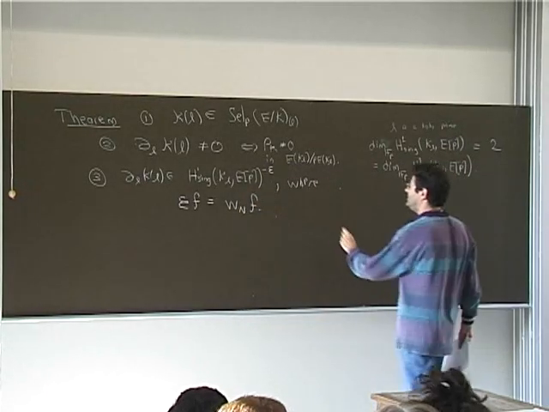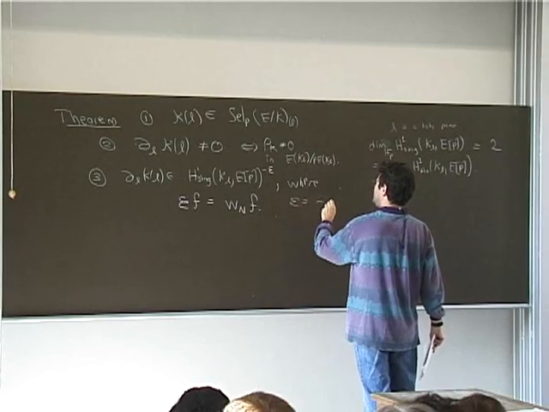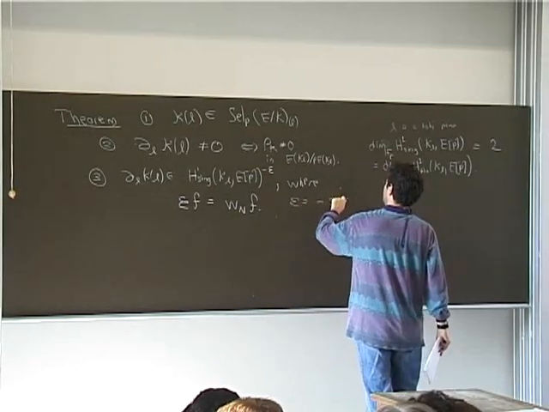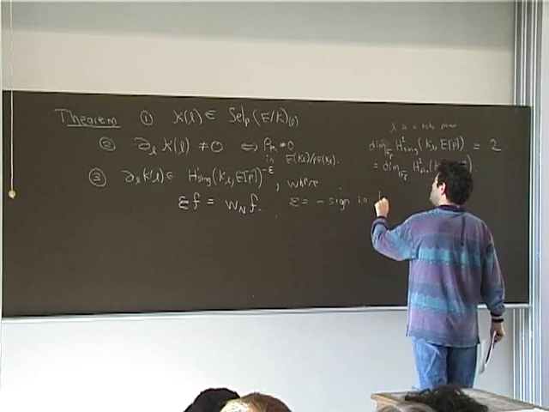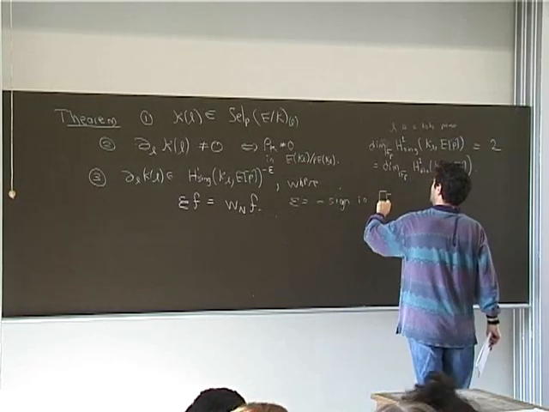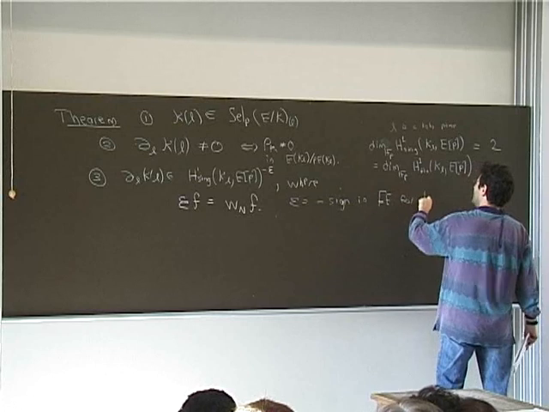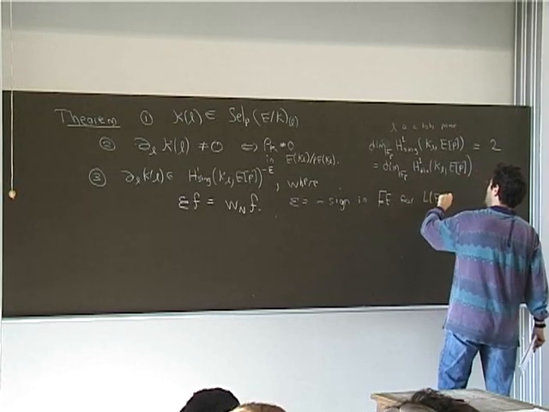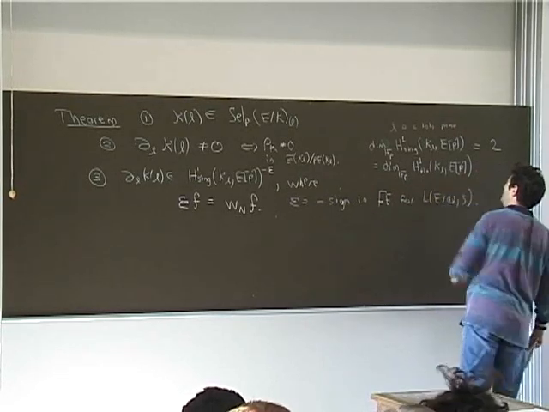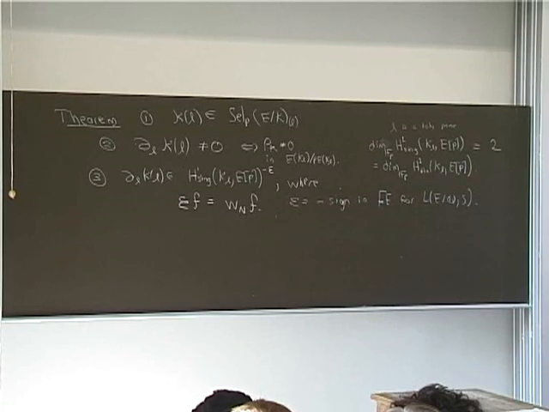Another way of saying that is that epsilon is minus the sign that appears in the functional equation for the L-function of E over Q.